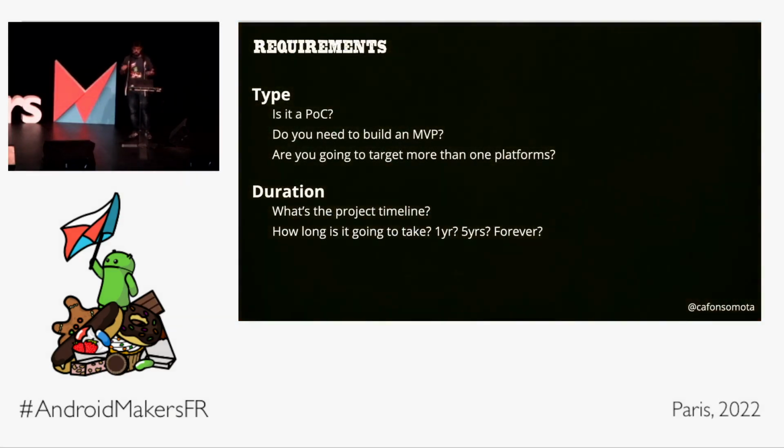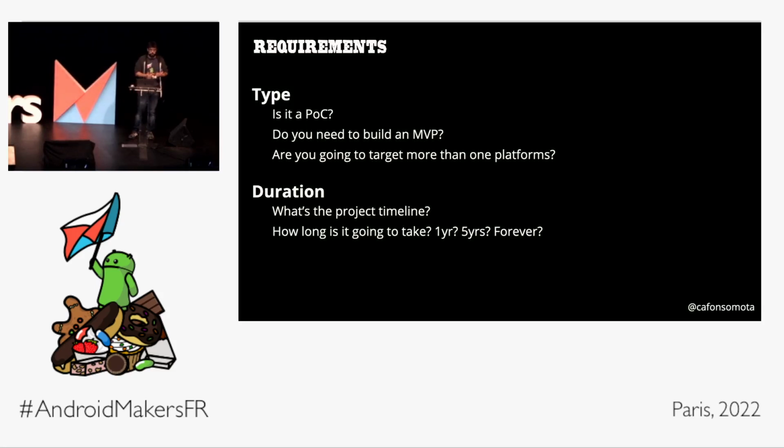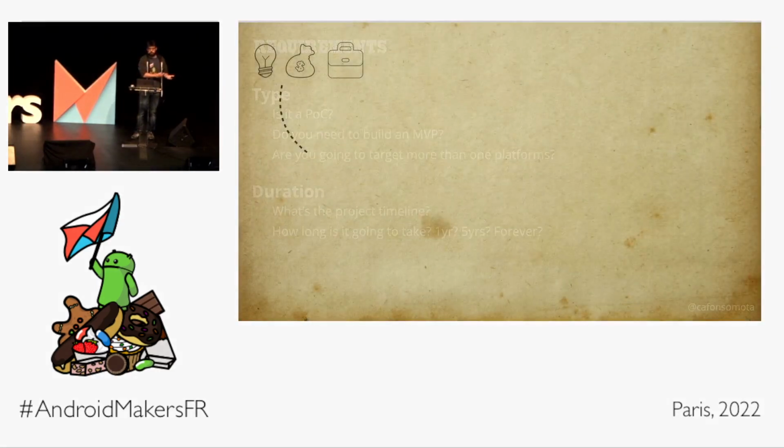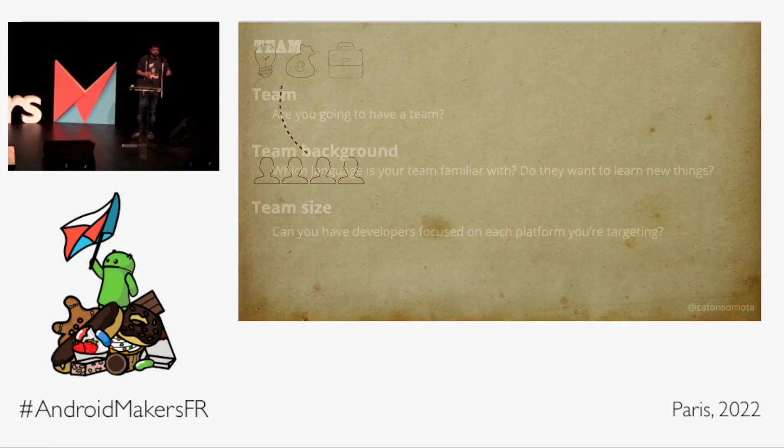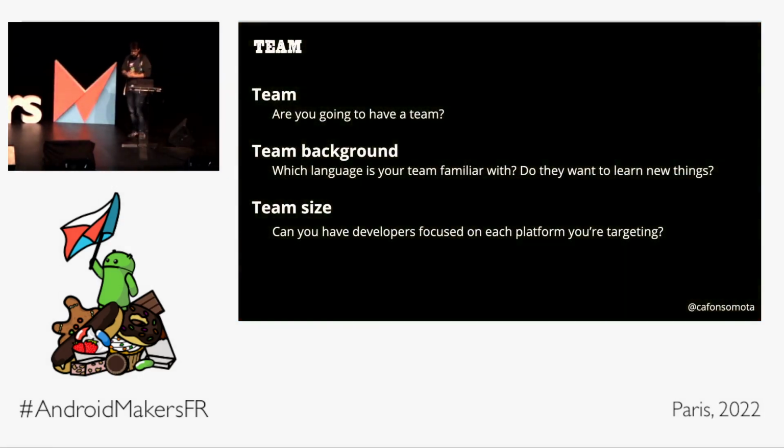So if it's a proof of concept, perhaps you just want to do something really quick. Sometimes there are projects that are going to take 5 years, 10 years, forever. So the project timeline is important when you want to select a tool to work. Along with these requirements, it's also important to know if you have a team, for instance, or if you're the only programmer that's going to develop everything.